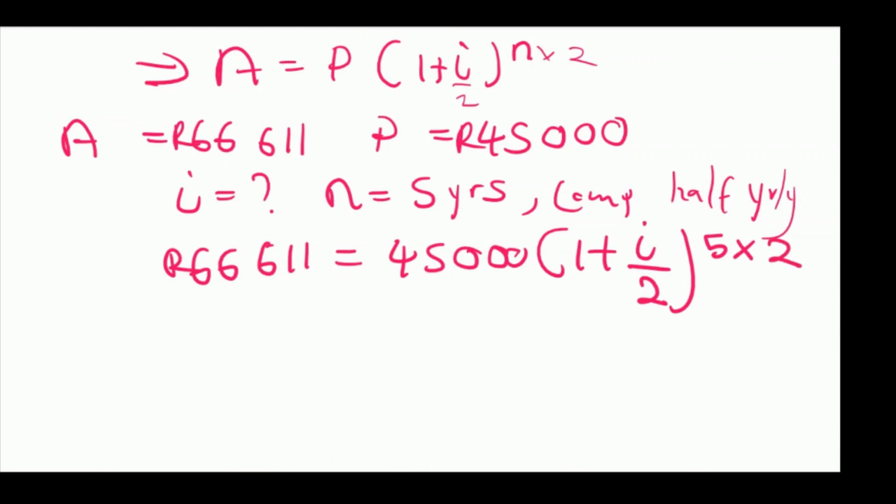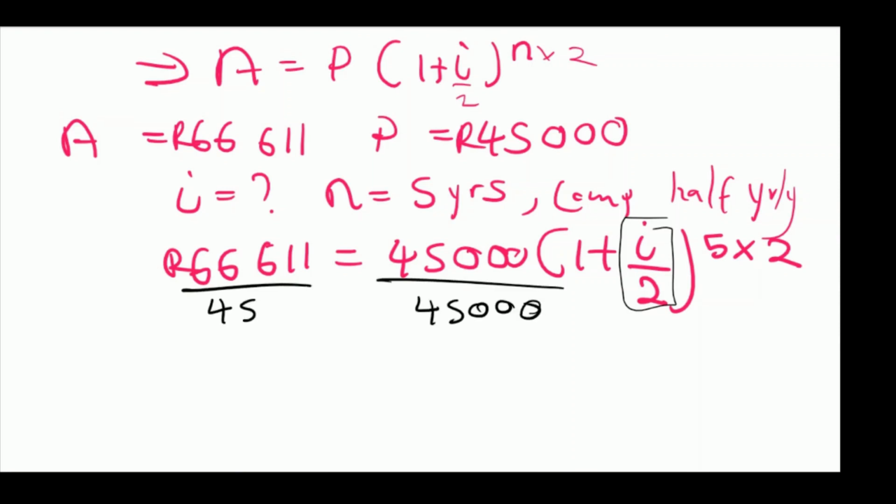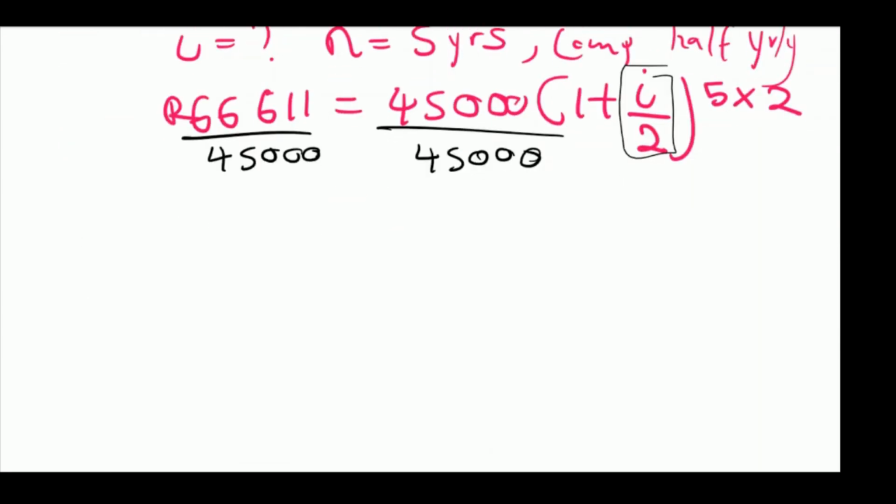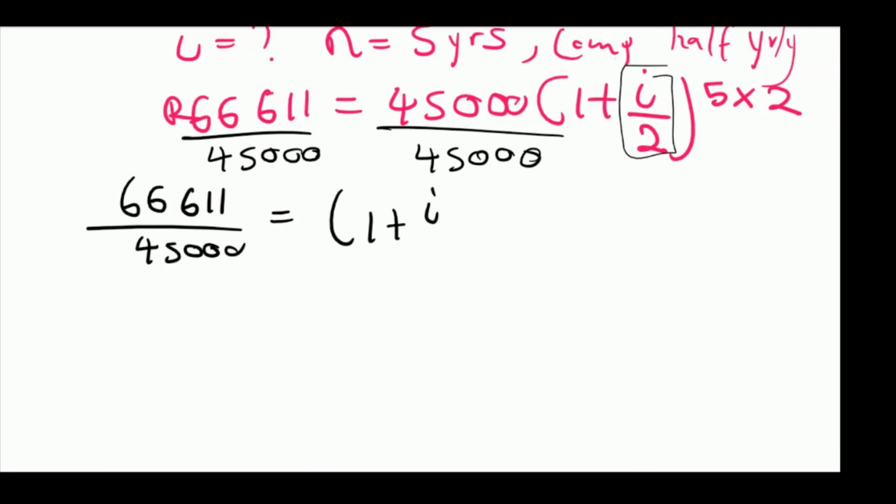And then we're going to divide, because we want this i here, so we divide by 45,000 Rand on both sides. So we will have 66,611 divided by 45,000 is equal to (1 + i/2) to the power of 10 now, because 5 times 2, and we still need what's inside, right?